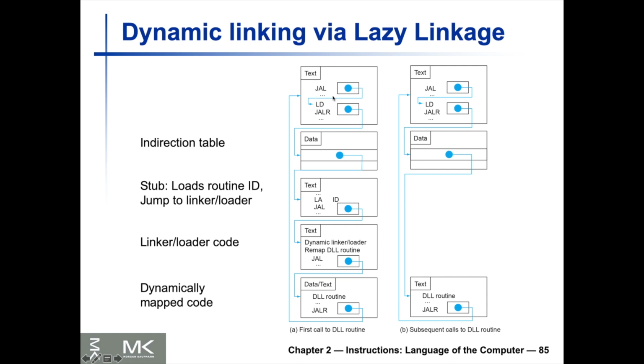So we start from here, go to another jump, then find this data and this text and that text, and we come back to the end, which was the first call to this DLL routine. Starting from the next iteration of the code that is running, you don't need to come all the way down, because you know what the endpoint is. So you're going to call that directly in the subsequent calls. So that's the difference between these two.